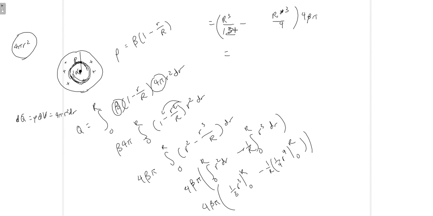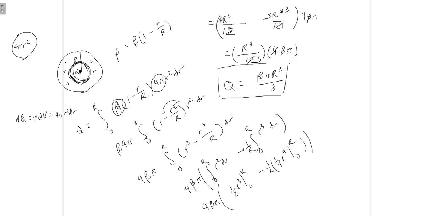If we simplify this, 4 minus 3 is 1, so we just get R cubed over 12 times 4 beta pi. Simplified, this will be beta pi R cubed over 3, and so this is equal to the charge in the sphere.